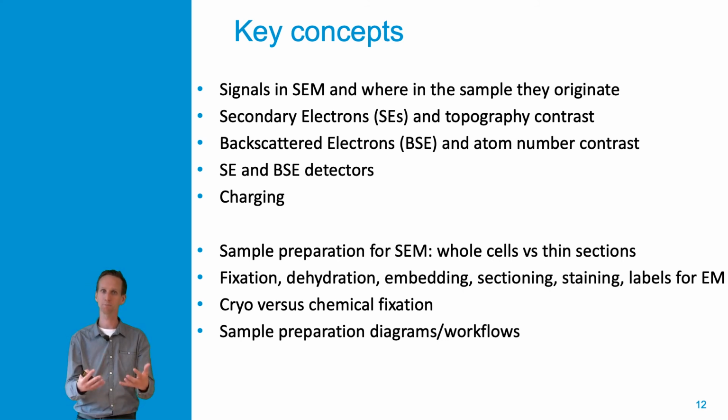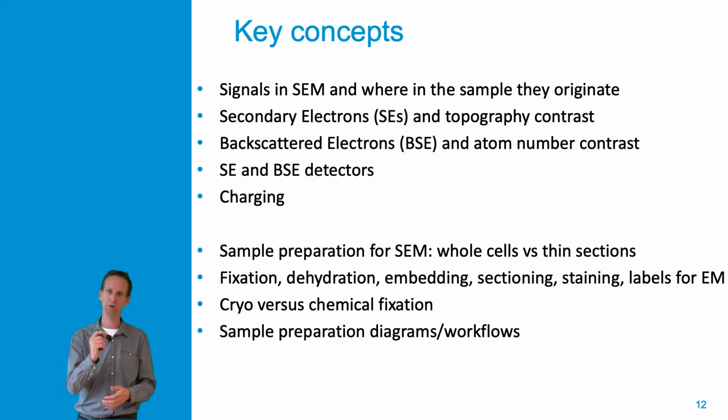Finally, in the second part of today's lecture, we looked at sample preparation for EM, where we looked at whole cell, or actually macroscopic material visualization versus thin section imaging. We've seen that there are different steps in the sample preparation for electron microscopy: fixation, dehydration, embedding, sectioning, and staining, or adding labels for electron microscopy.